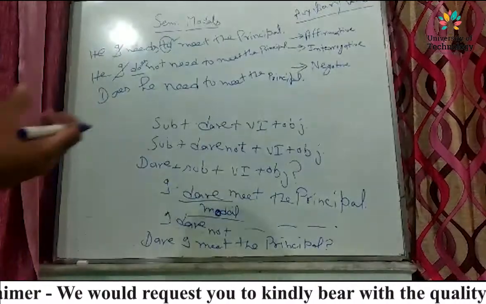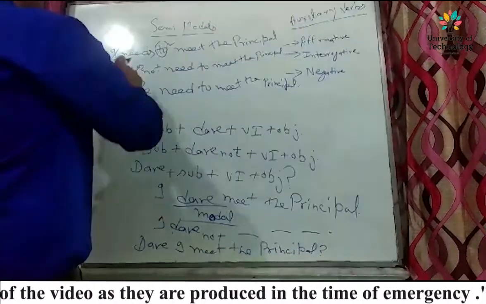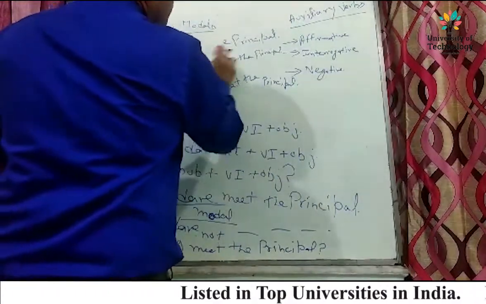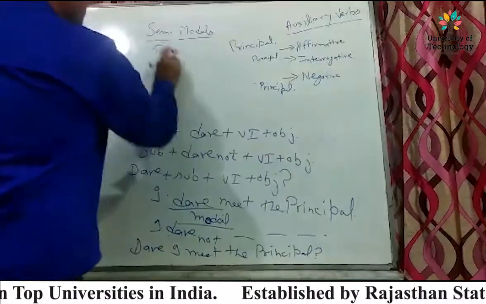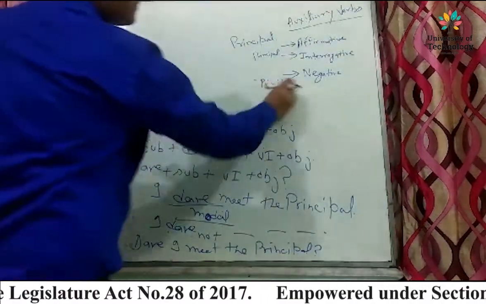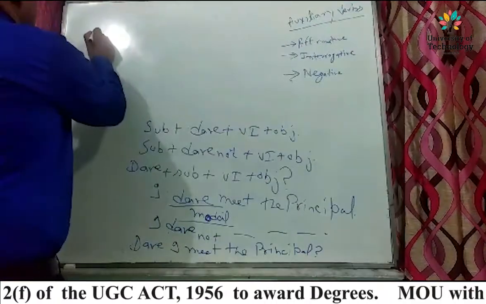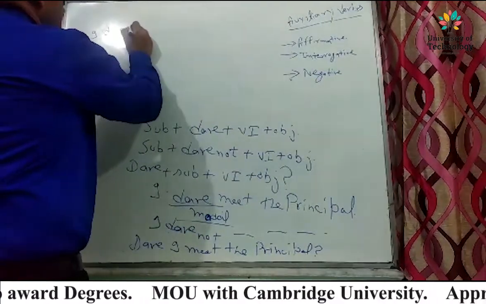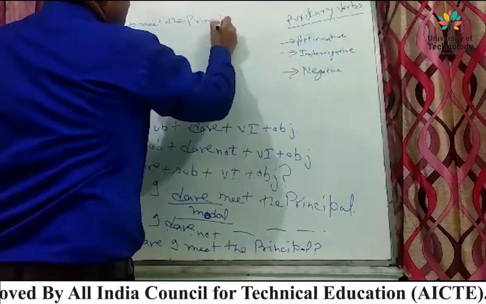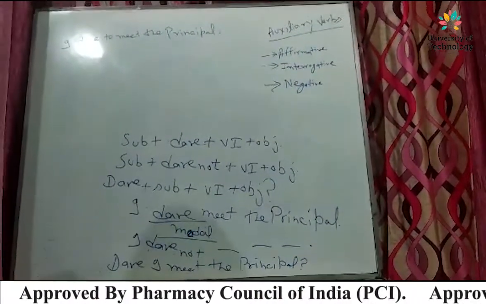And suppose that if dare works as a verb, so I dare to meet the principal. मुझ में प्रिंसिपल से मिलने की हिम्मत है. I dare to meet the principal.